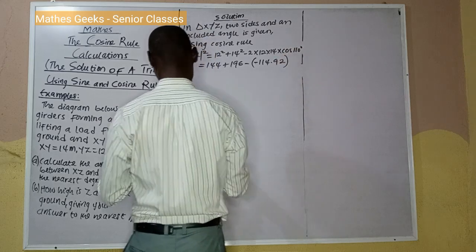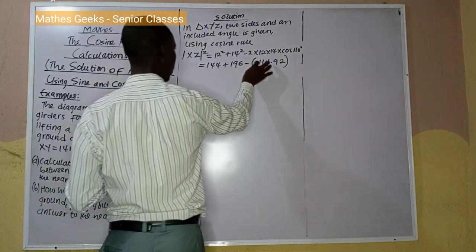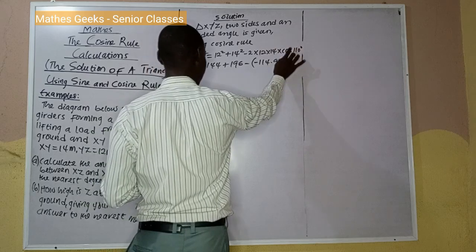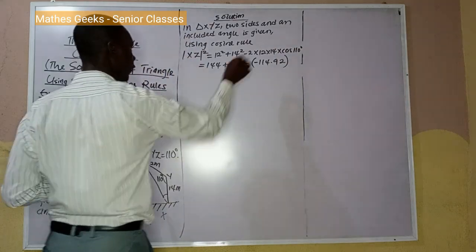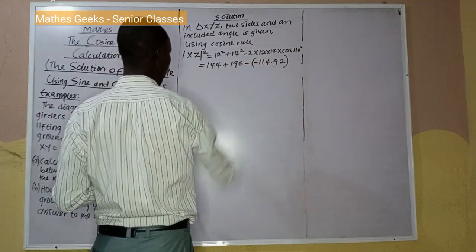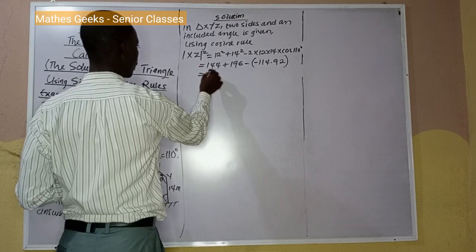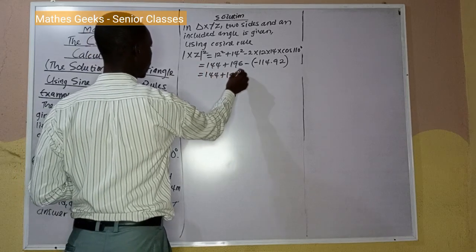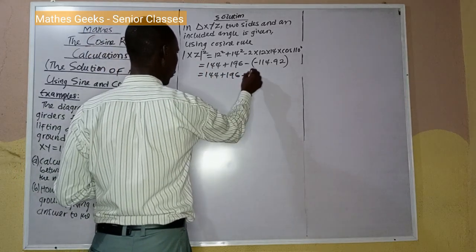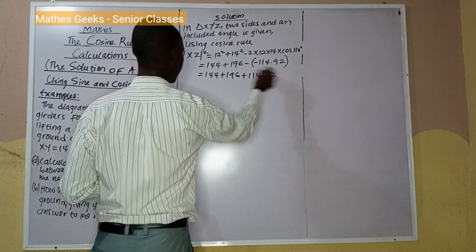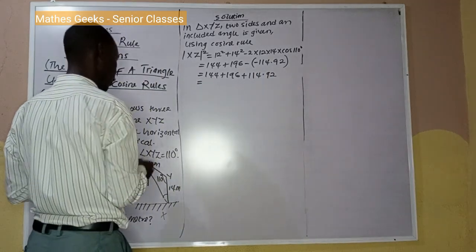Cos 110 degrees is negative because it is in the second quadrant, and in the second quadrant cosine is negative. So minus times minus gives us plus. So this is equal to 144 plus 196 plus 114.92.